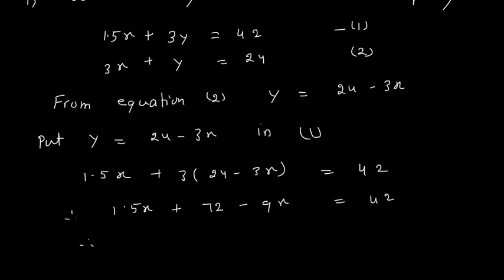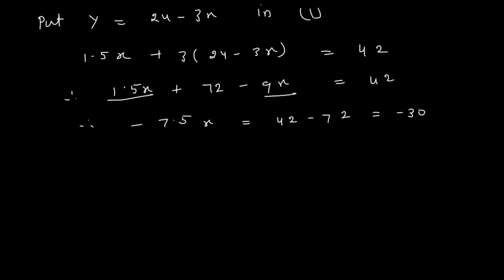Therefore 1.5x minus 9x is minus 7.5x, equals 42 minus 72, which is minus 30. So the value of x is minus 30 divided by minus 7.5. The minus signs cancel.